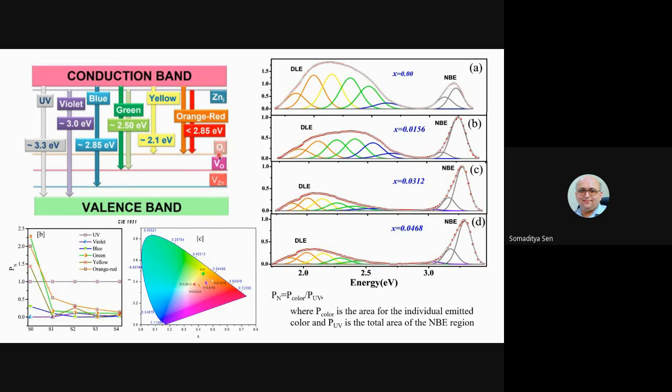So you can see there are different transitions belonging to different energies, giving different colors. Oxygen interstitial is well known for an orange-red emission. The zinc interstitials will be responsible for a violet emission. The zinc vacancies will be responsible for a blue emission, and similarly the green will be responsible for oxygen vacancy.